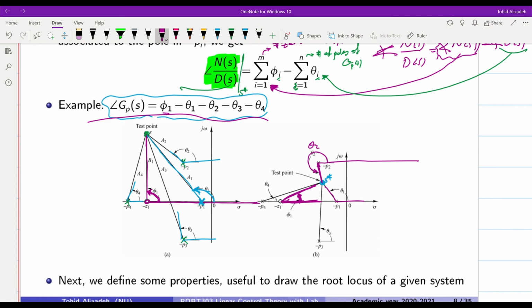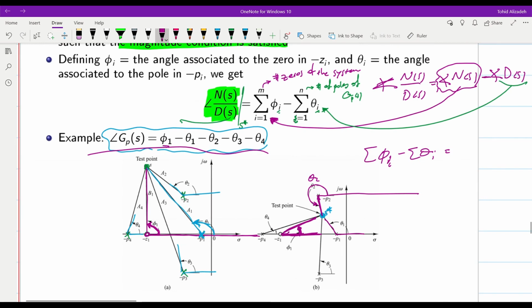So depending on where the test point is, we will find the phase contributions coming from the zeros and the poles, and then we will have the simple calculation of the sum of phi i's minus the sum of theta i's. If this is equal to, in general, the phase of minus 1 over rho, if we have this equality, that test point belongs to our root locus.